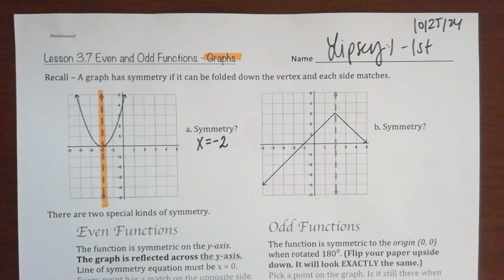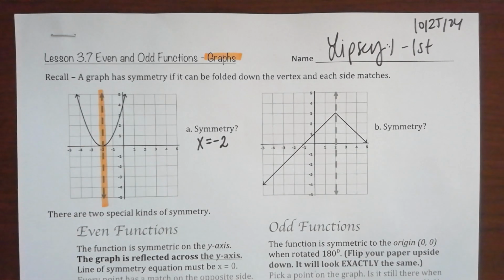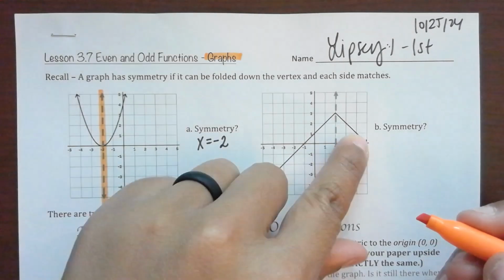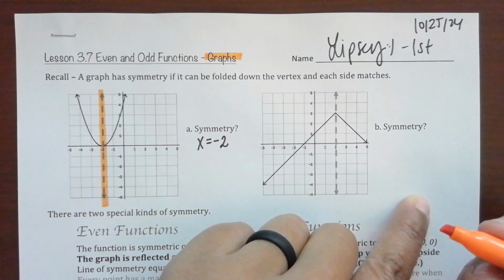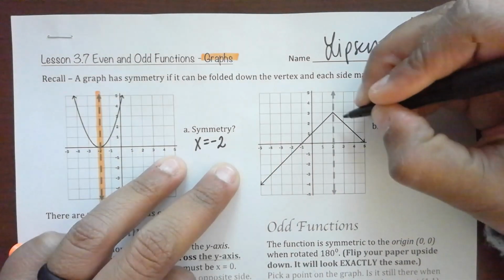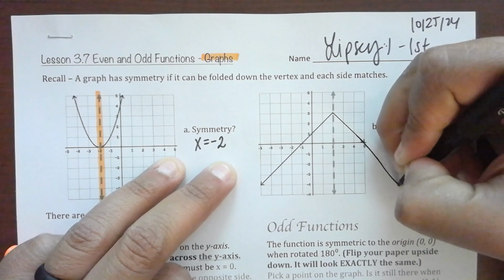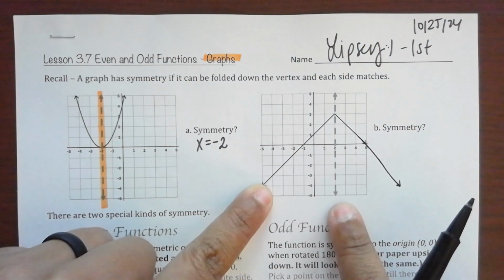Looking at letter B, is this symmetrical? Are you sure? Does it have a vertex? So it does have symmetry if it has a vertex. Meaning, can I take this side and fold it over there and it continue on to this side? Yes. So if I were to continue drawing this line down, doesn't that mirror across this?